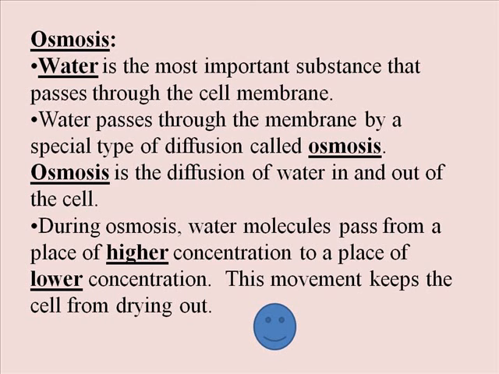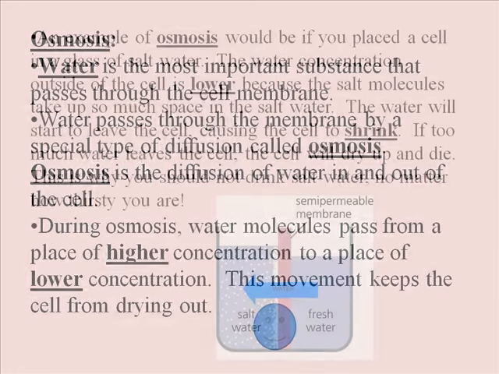So during osmosis, instead of molecules of a substance moving, it's actually water molecules moving from a place where there's more water molecules to a place where there's less water molecules. So it's going from a higher concentration of water to a lower concentration of water, and this movement is going to allow the cell to keep from drying out.